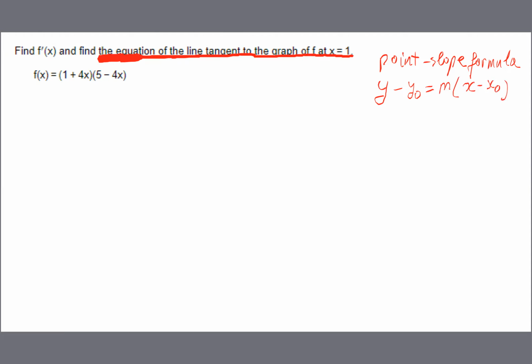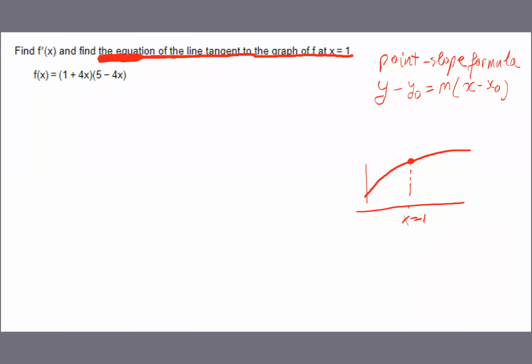So in our problem, we want to find the equation of the line tangent to the graph. So let's say this is a graph, and we want that tangent at the point when x equals 1.